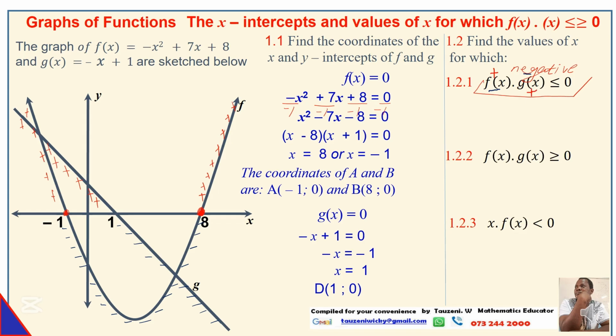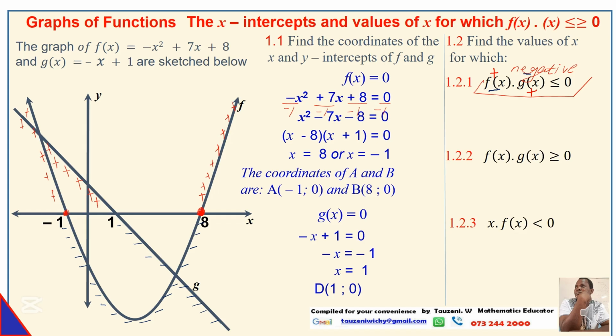So your answer for this type of question comes from the sections on the graph where, when one graph is positive, the other one must be negative. And this is done by comparing the graphs from the x-intercepts. I want you to look at the line that I'm drawing here.